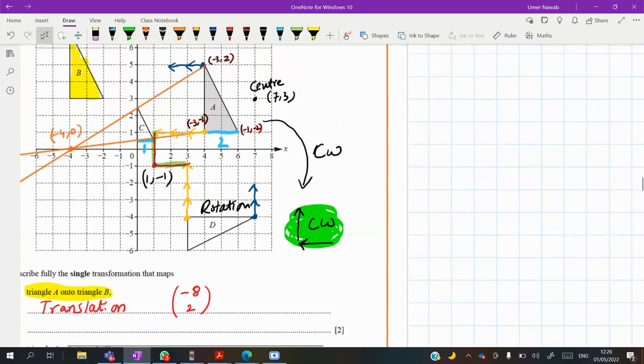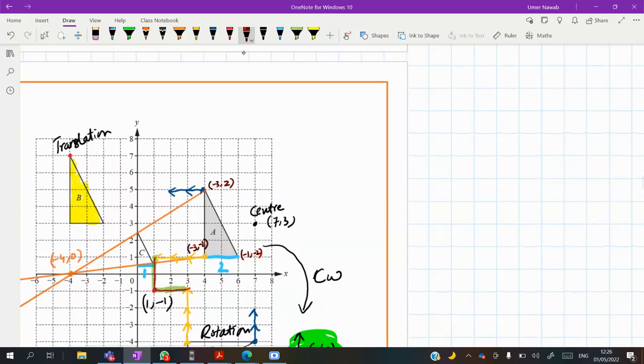My scale factor is 2. So, as per the rule, I will write the points -1, -2, -3, -2, and -3, 2. I will multiply them by 2. This gives me -2, -4, -6, -4, and -6, 4.